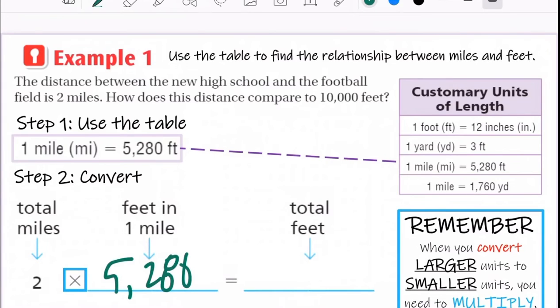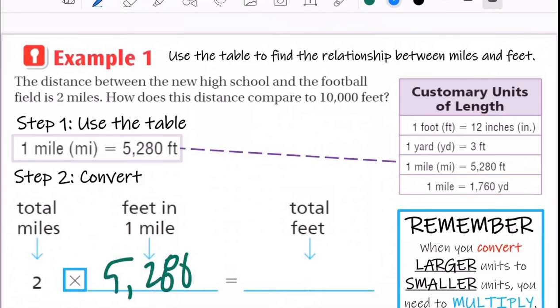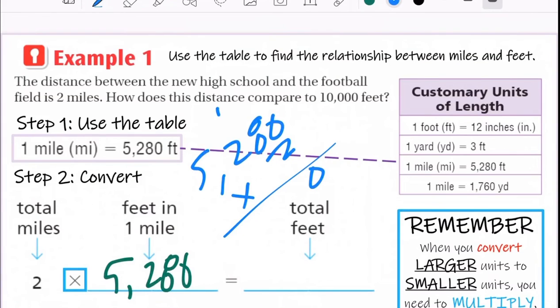Okay, I know that you guys can stack this and multiply this in standard form. I recommend you do that, but I'm not going to know if you use a calculator or anything. So 5,280 times 2 is 10,560.